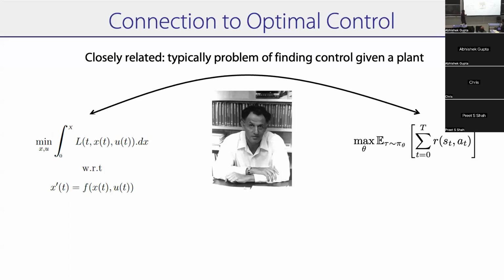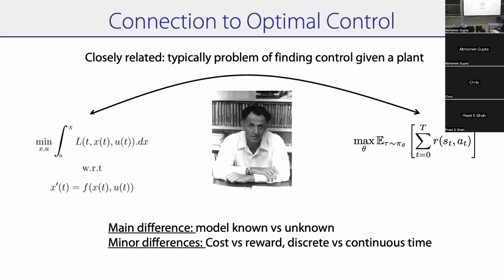As I was saying, how do we use structure in the problem? Often in optimal control, you will assume that you have f, you know the functional form of f. The optimal control problem is very similar to the RL problem. There are just cosmetic differences, like cost versus reward and discrete versus continuous time.